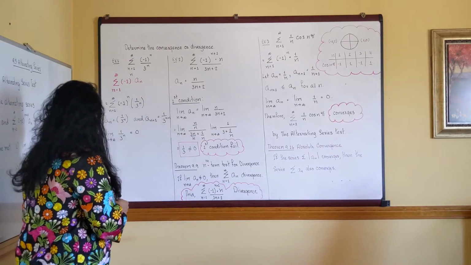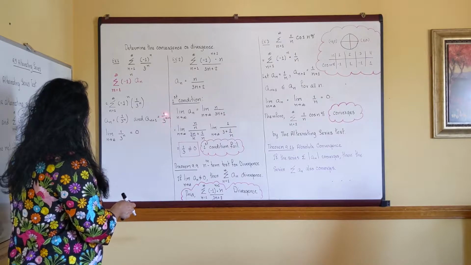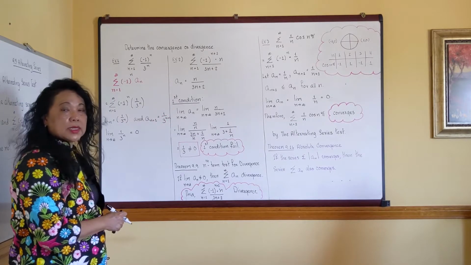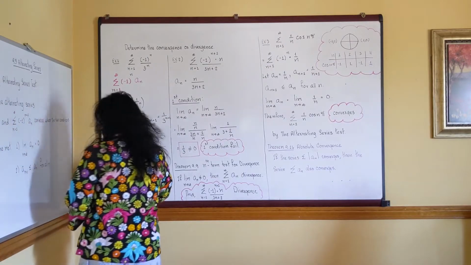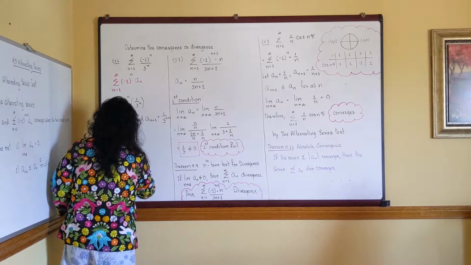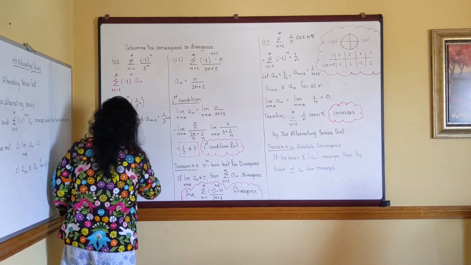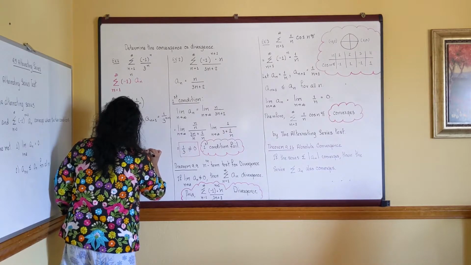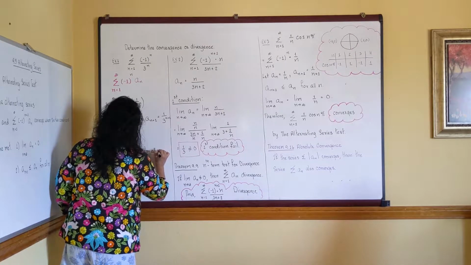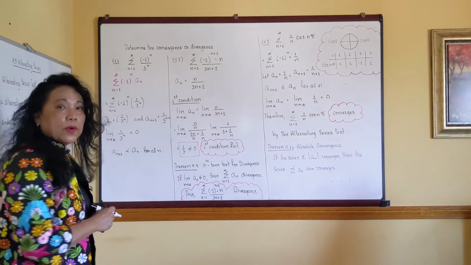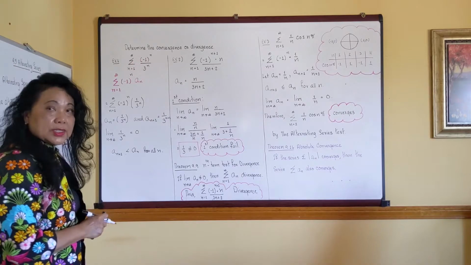As you can see, 3 to the n plus 1 is bigger than 3 to the n, so a sub n plus 1 is smaller than a sub n for all n. So by theorem 9.14, this converges.